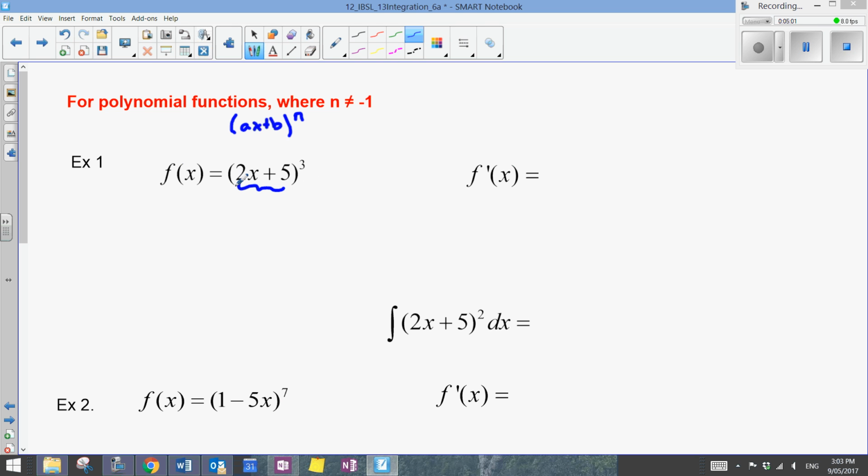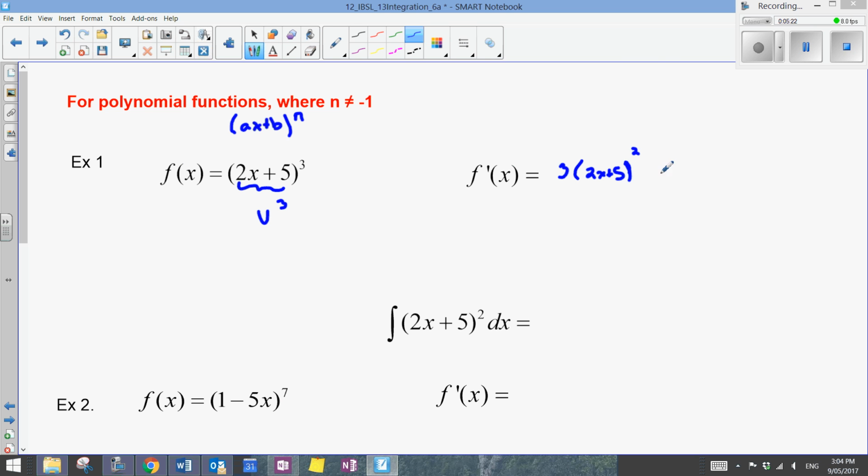So think about what we would normally do with the chain rule. If we were taking the derivative of this function, we would think of the inside as your u, so u to the third power. The derivative of u to the third would be 3u to the second, and that u is actually 2x plus 5.